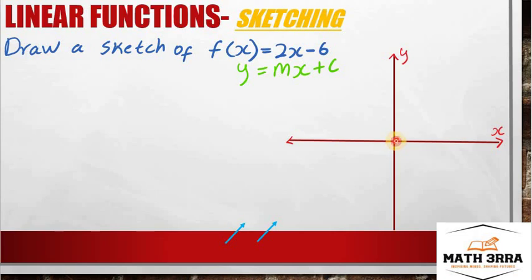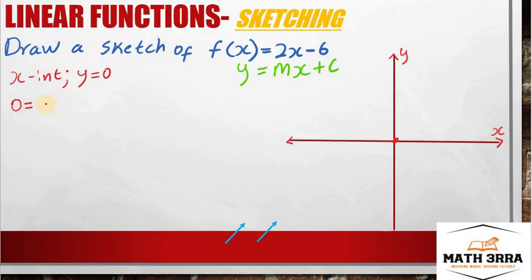Anywhere along the x-axis, y is equal to 0. So in order for us to find our x-intercept, we have to make y equal to 0. So in this equation, we are going to make y equal to 0. So f of x, that's our y, we're going to place a 0 in the place of f of x.